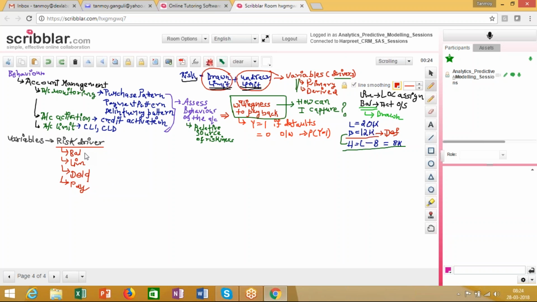So over here, let's talk about balance first, or let's talk about limit. Say there are two borrowers, right?